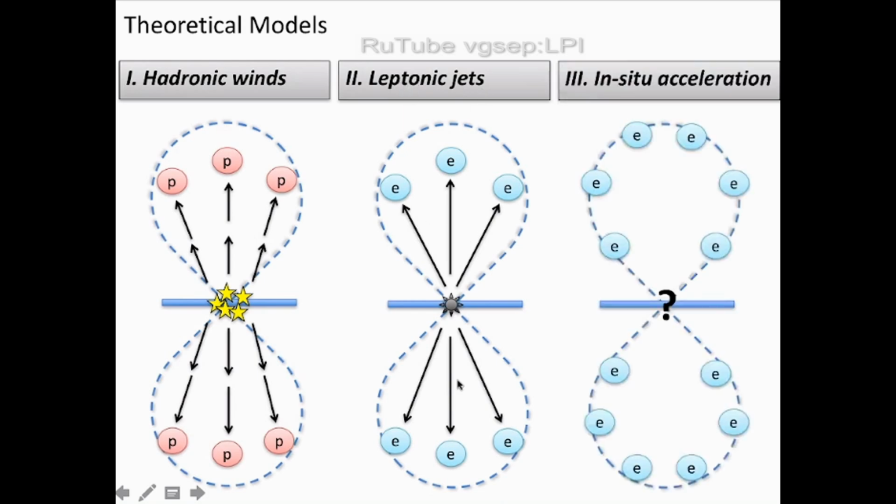And if you want to bypass all the age constraints altogether, then you could invoke in situ acceleration models by shocks or turbulence near the bubble surface. In this kind of model, you don't need to assume any kind of activity near the galactic center as the triggering mechanism.